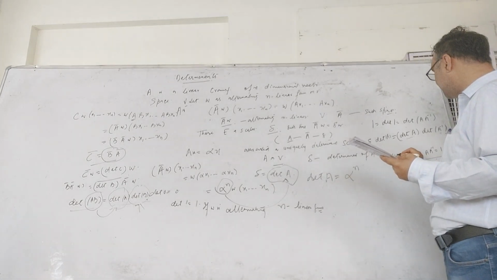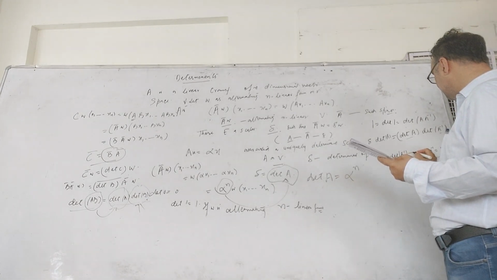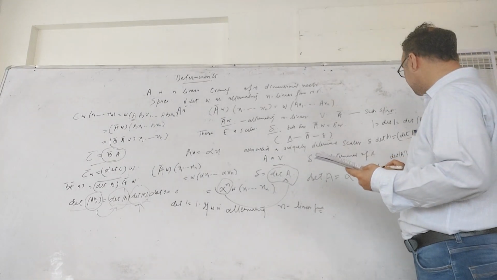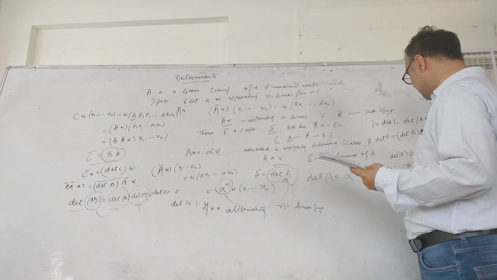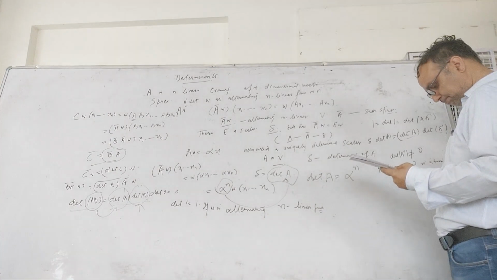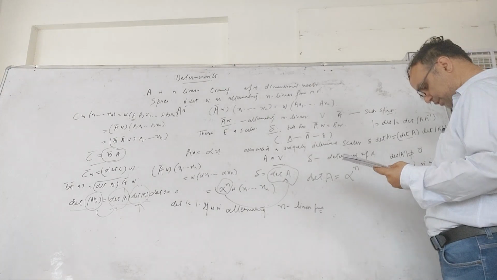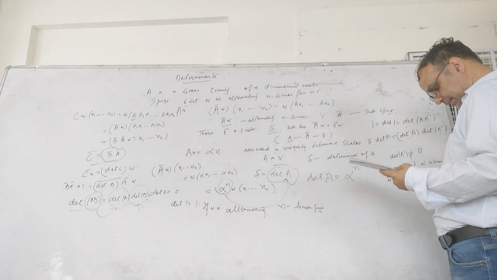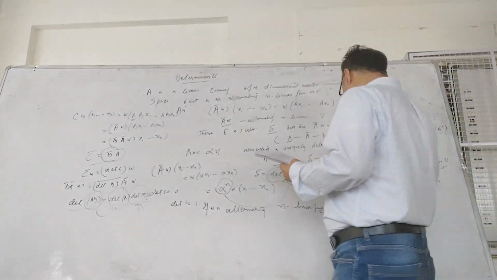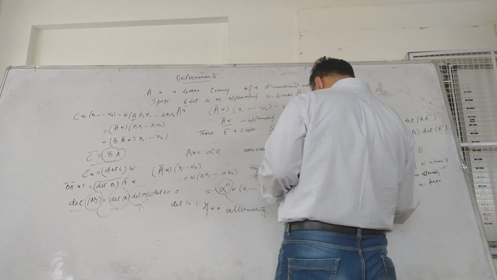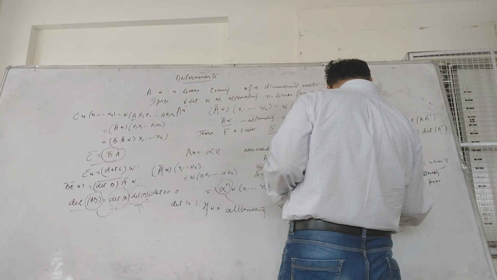So if determinant of A inverse is not equivalent to 0 and x1, x2, and so on is a basis in a vector space V, and omega is a non-zero alternating n linear form on V, then determinant of A is not equivalent to 0.